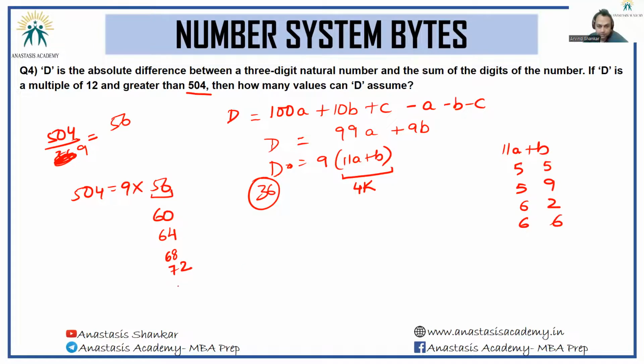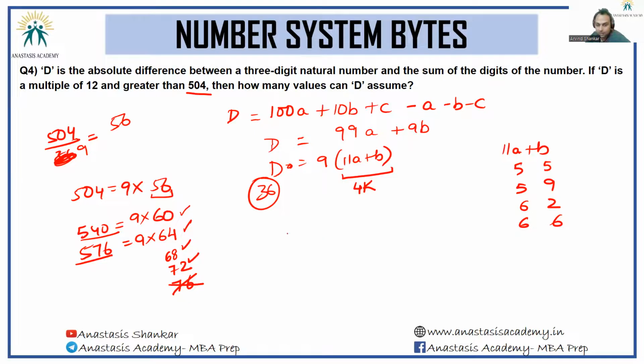This also works. For 76, I cannot make 76. Here the value of D would be 540. Here the value of D would be 576. But I'm not really concerned with what precise value D ends up taking. I'm more concerned with how many cases I can make.